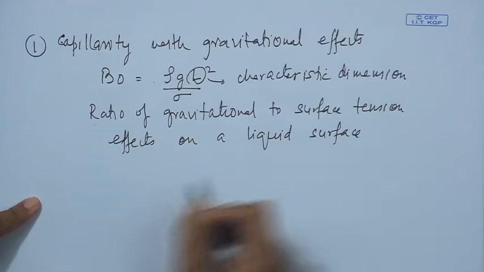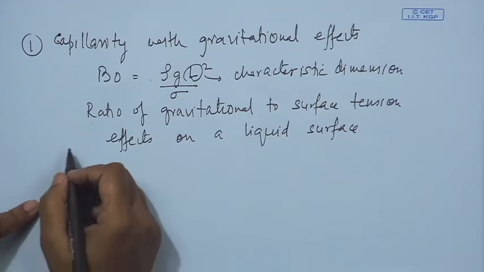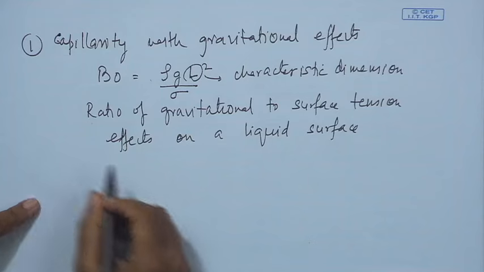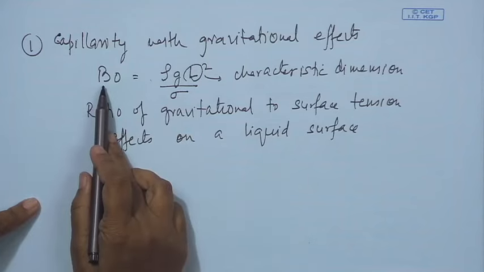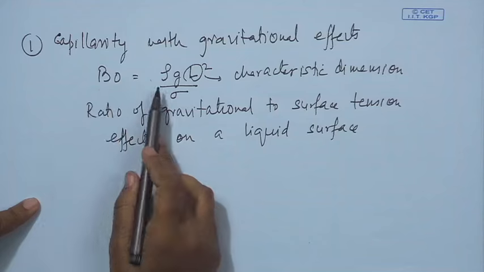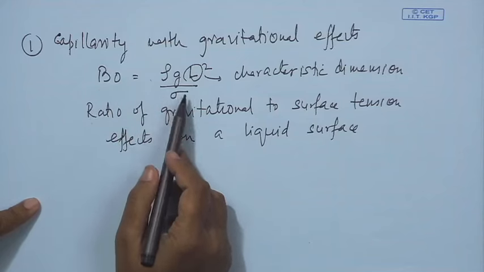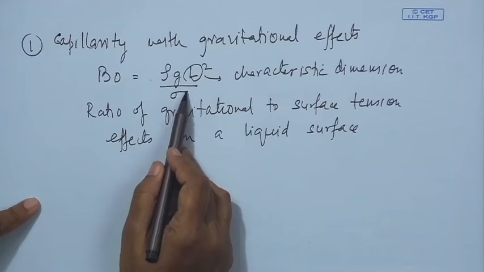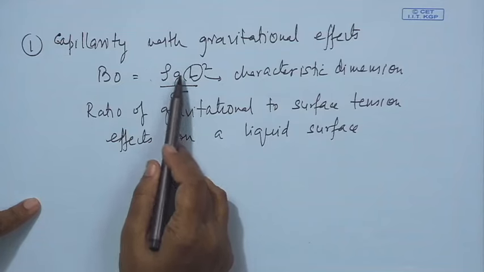So, from here we can know when gravity will be dominating over surface tension and vice versa. Now, from here it is very evident that a low Bond number can be attained either by increasing sigma or by reducing g.